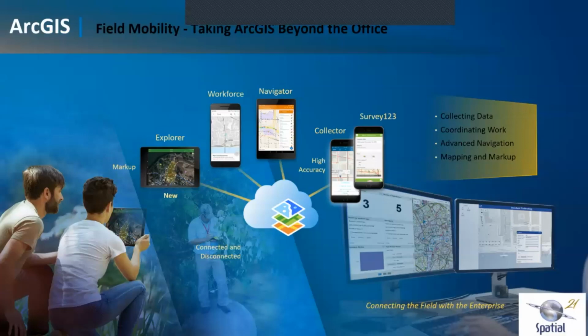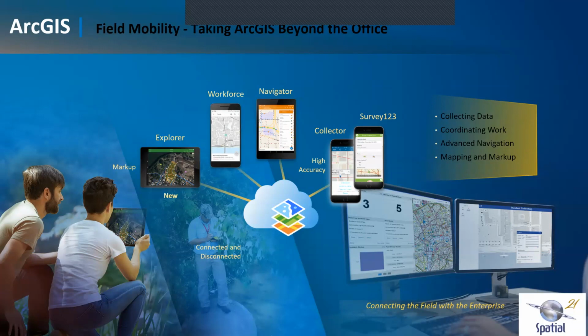The next one is field mobility, and this allows you to plan, schedule your workforce, navigate and execute plans in the field on a dynamic and real-time basis. So in the world of field GIS, we're taking GIS beyond the office. Many of you already use Collector, Survey123, and Navigator to find your way around, and Workforce.